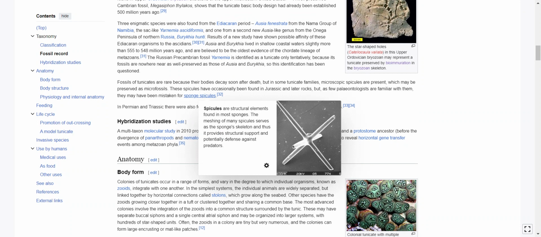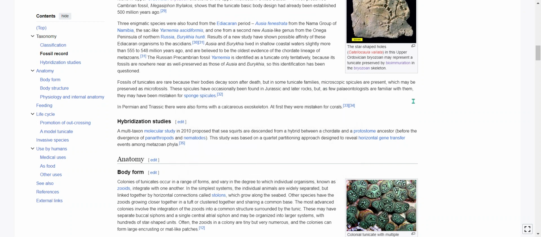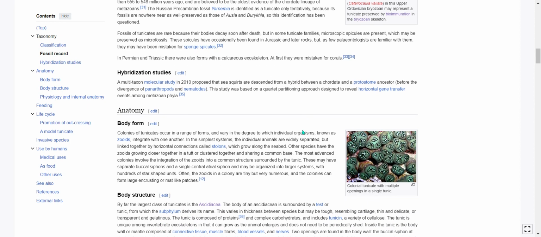Spicules are structural elements found in most sponges. The meshing of many spicules serve as the sponge's skeleton, and thus it provides structural support against predators. In the Permian and Triassic, there were also forms with a calcareous exoskeleton. That's the word I was looking for, calcareous exoskeleton. At first, they were mistaken for corals.